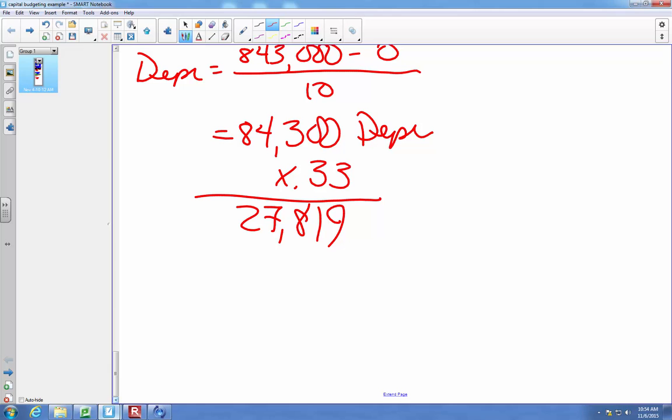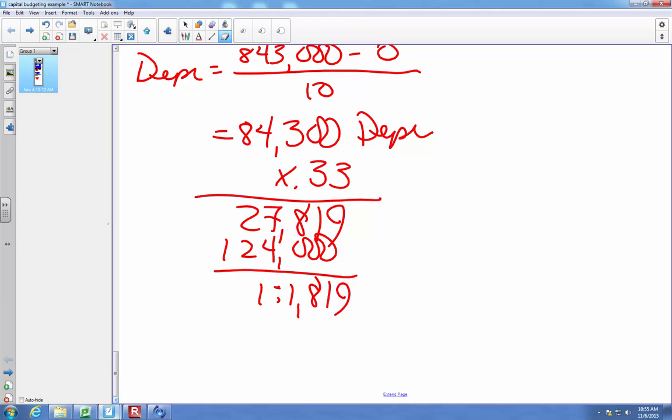Yeah, because I'm saving that on my taxes. Then how much is my cash flow going up from the increased sales? Yeah, 155,000 times 0.8, because 20% of that's going out the door to my variable costs. Annual cash flow is going up 151,819.